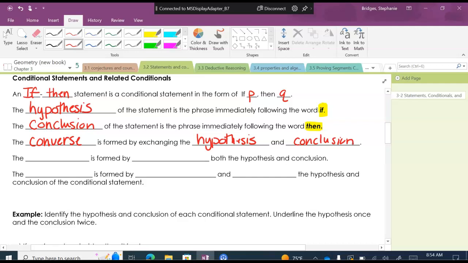Then we have the inverse. And the inverse is formed by negating both the hypothesis and the conclusion. What do I mean by negating?